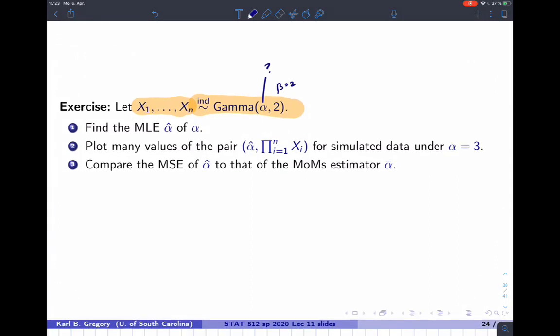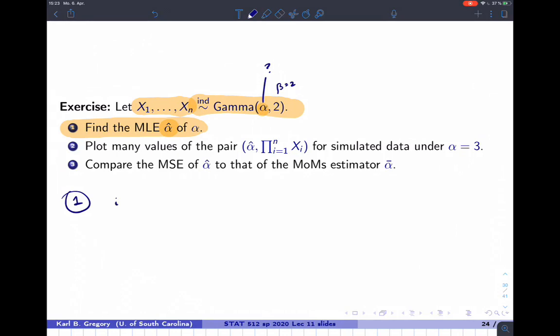So what we're going to do is try to figure out what the maximum likelihood estimator of alpha is, and then we're going to explore the fact that alpha hat should be a function of a sufficient statistic for alpha. But let's do part 1 first and just worry about getting the estimator.